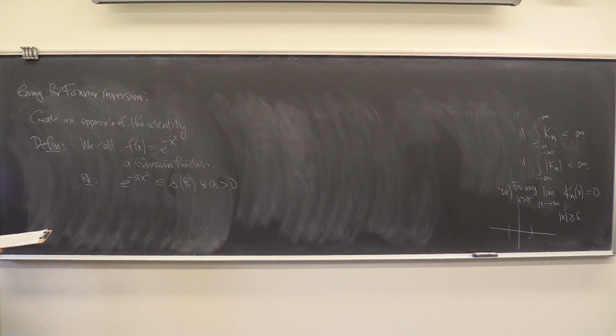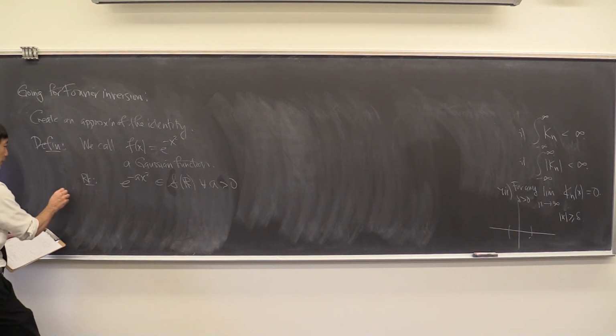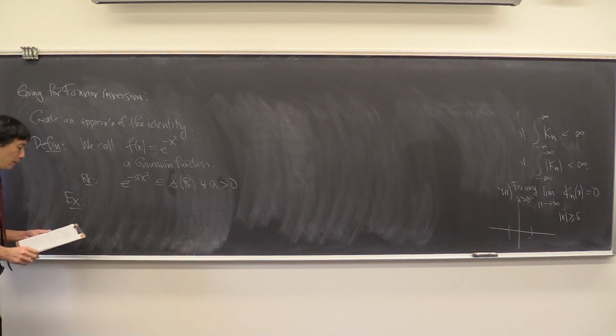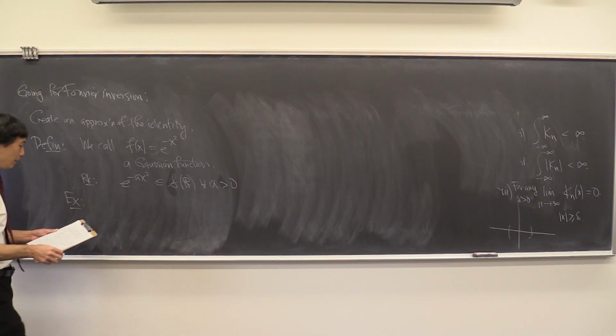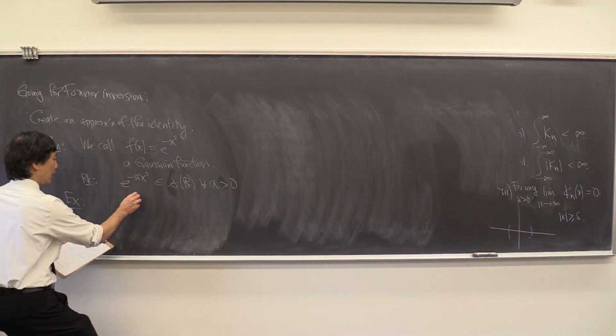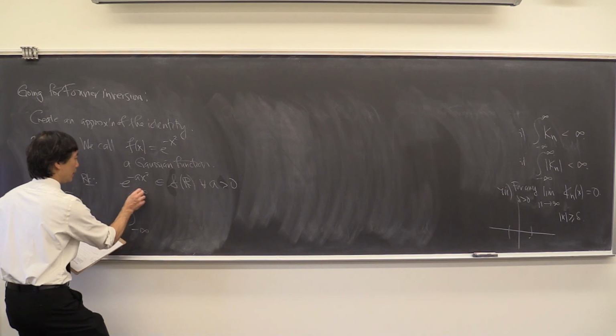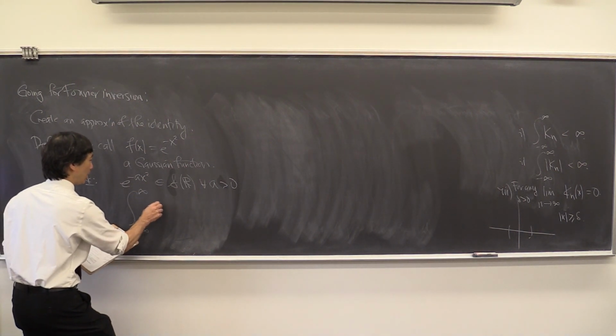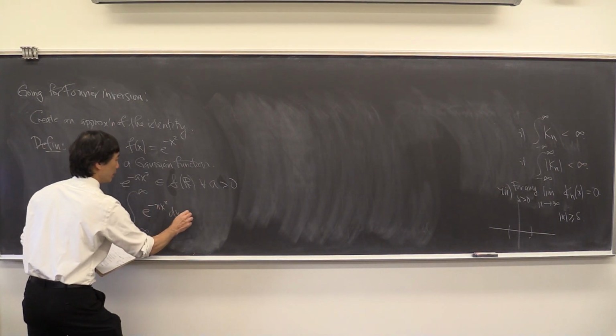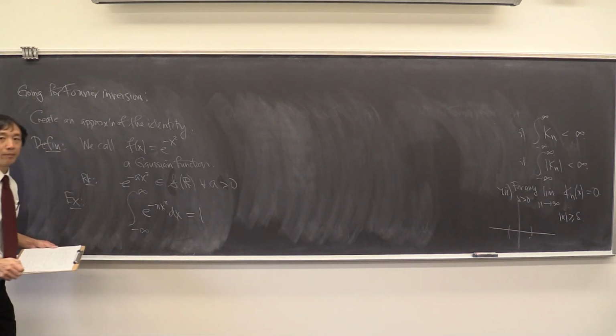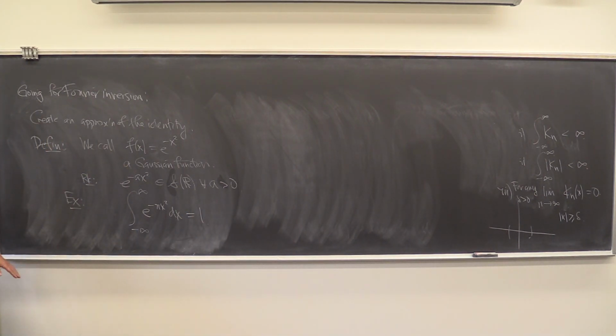And it's an exercise that you probably saw in Calc 3 that the integral from negative infinity to infinity of e to the negative pi x squared is actually equal to 1. So I'm not going to do it.